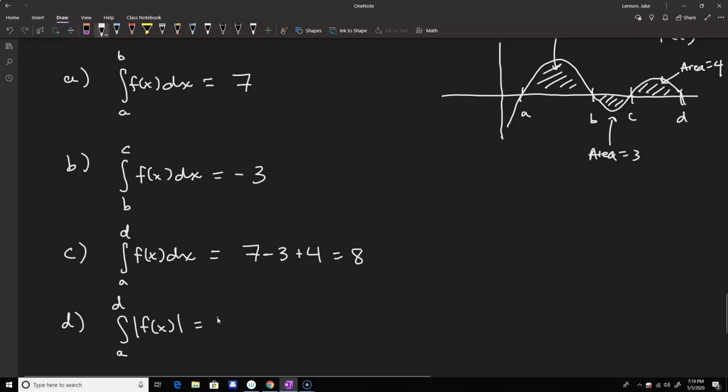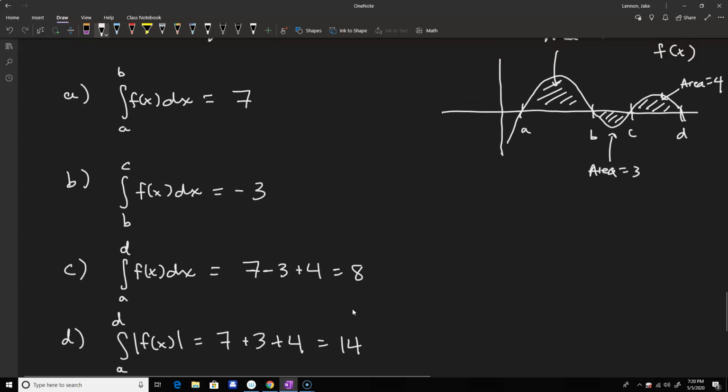Now that would be 7 plus 3 plus 4, which would come out to our value of 14 for the total area. Basically, the absolute value function takes all the y values and flips them over. It makes a symmetric reflection about the x-axis, because if you take the absolute value of f of x, it's always going to be a positive y value.